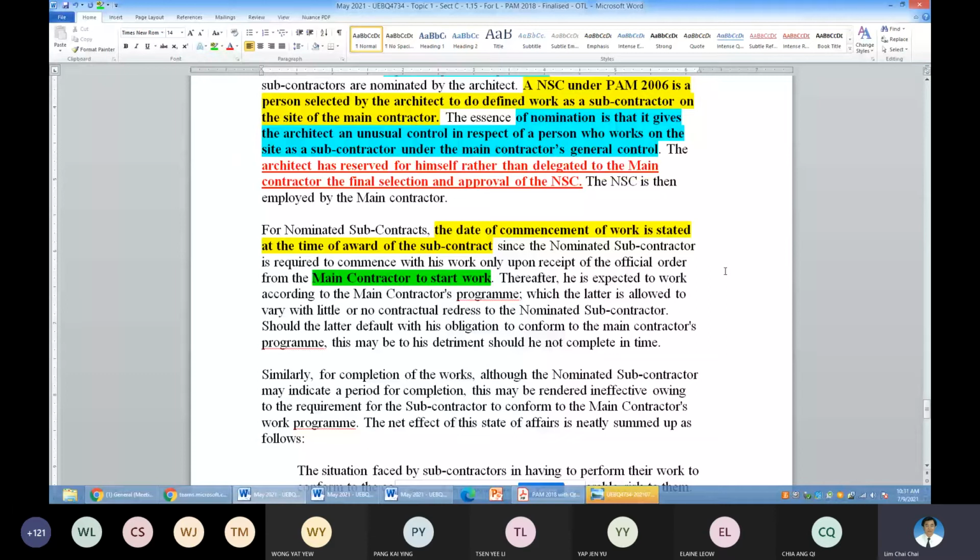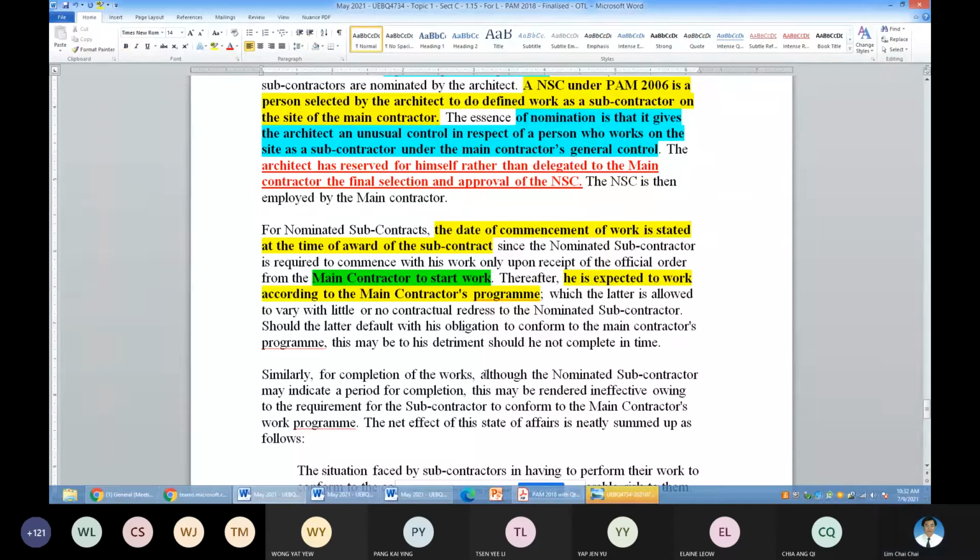The NSA is going to be in a very bad situation because their planning will be very upset, depending on the main contractor's progress of the main work. The NSA is expected to follow the main contractor's program. If the main contractor delays, the NSAs must follow the delayed program.